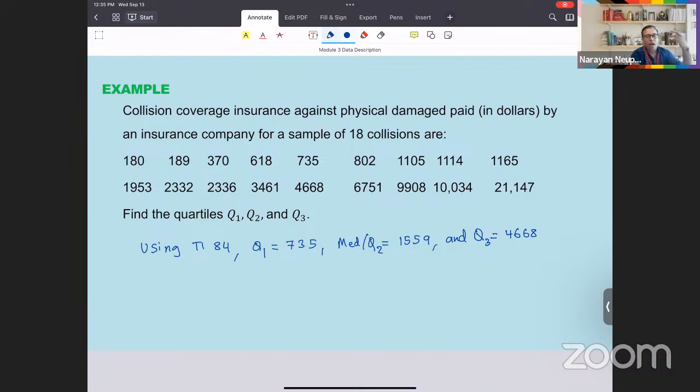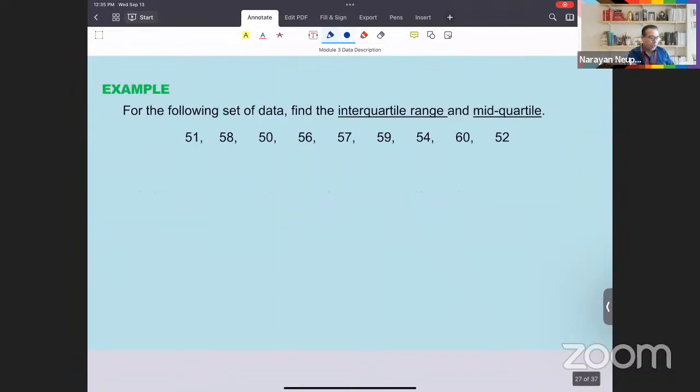So now you know how to use the calculator and find these values. In the upcoming examples, I'll ask you to find the values yourself, okay? So here is the next example. For the following set of data, we are asked to find the interquartile range and mid-quartile.